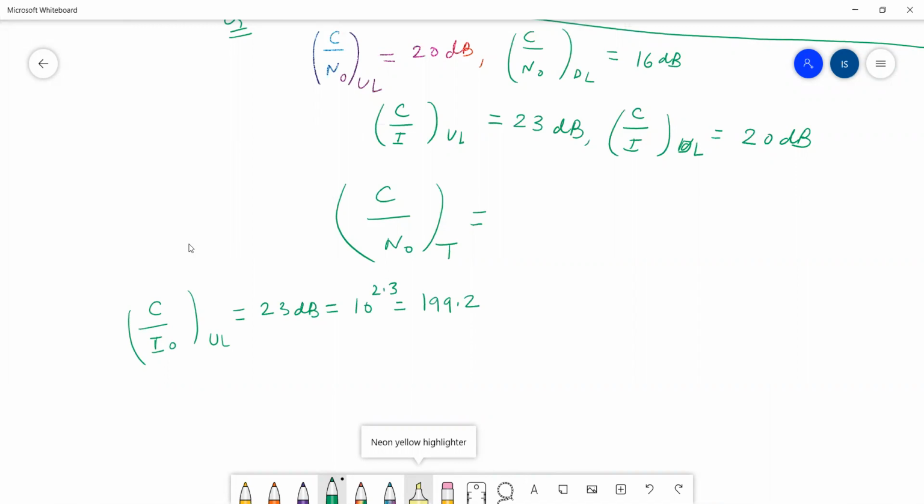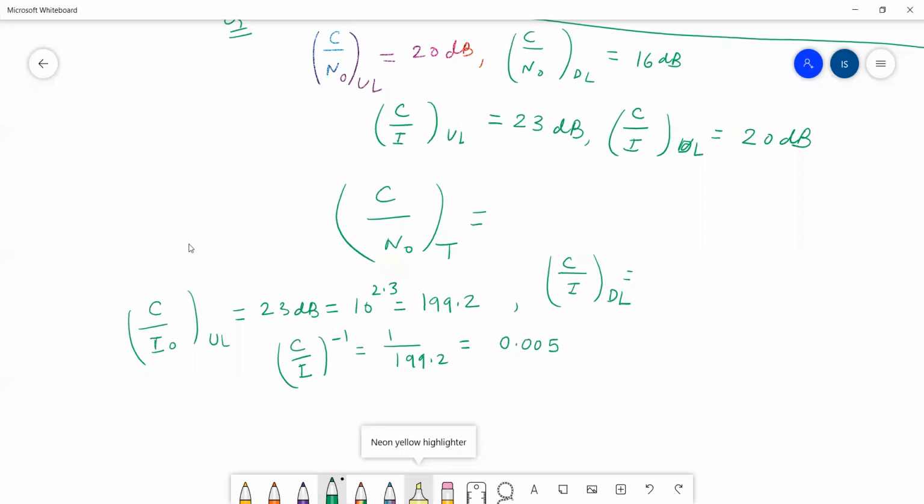So C by I inverse we calculate here: it is 1 by 199.2, which is equivalent to 0.005. Similarly, we will calculate C by I of downlink.